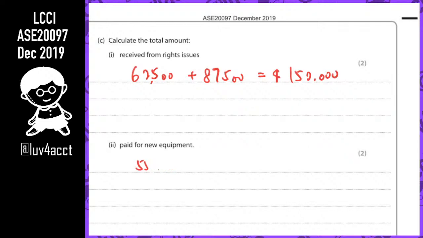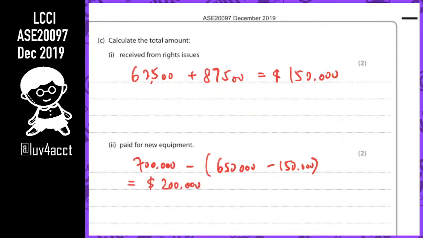Or we use 700 minus 550 minus 650. 650 minus 150. Yes. So we have 200,000. If you are only given 1 mark, then you can just write the answer there. But if you have more, that means you have to show your workings as well.